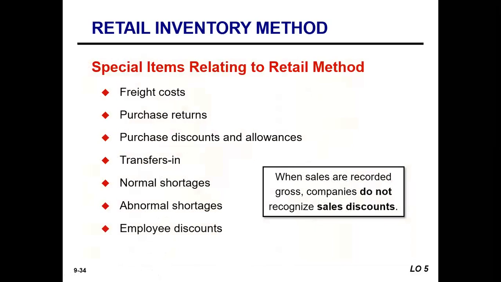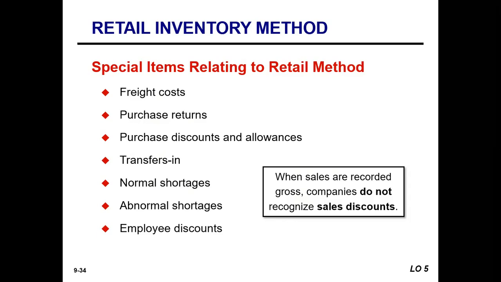All right, some of these special items relating to the retail method that we have to keep in mind, and I know some of these we've dealt with before. Freight cost, of course, we know are part of the purchase cost, and they're added to the cost of inventory, right? Purchase returns are generally the same thing with discounts and allowances.